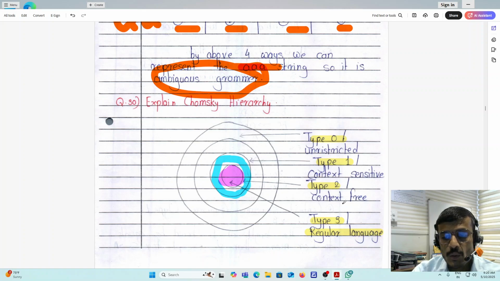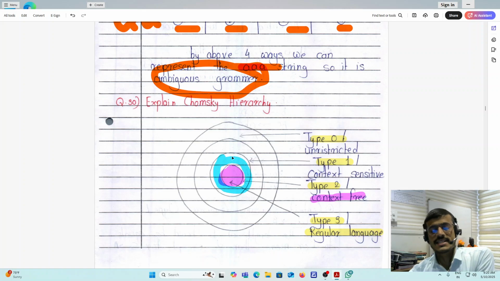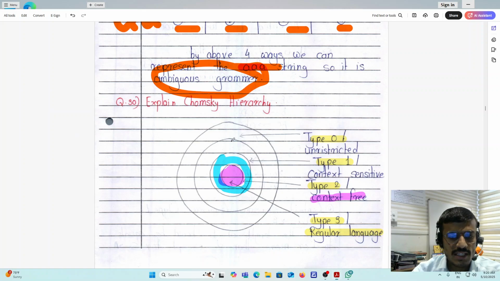Then type 2 is called context free, and this is the portion for context free, which is accepted by pushdown automata. Then type 1 is nothing but the context sensitive.